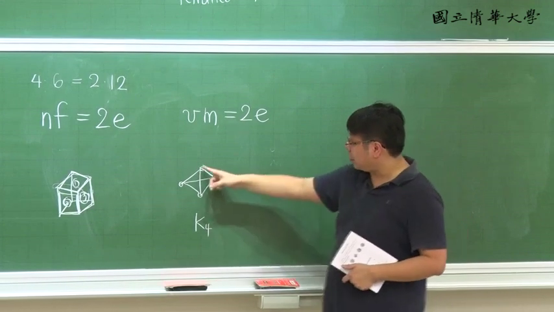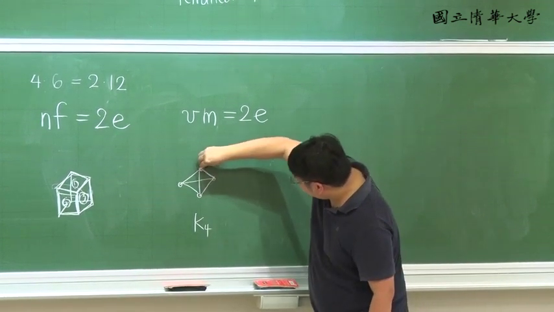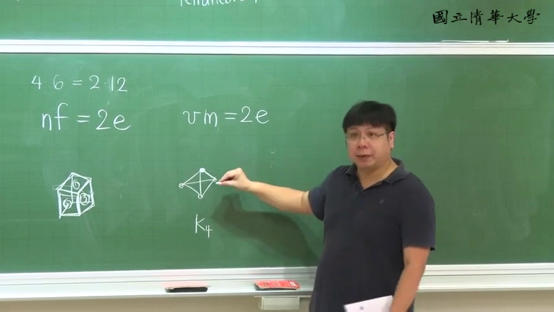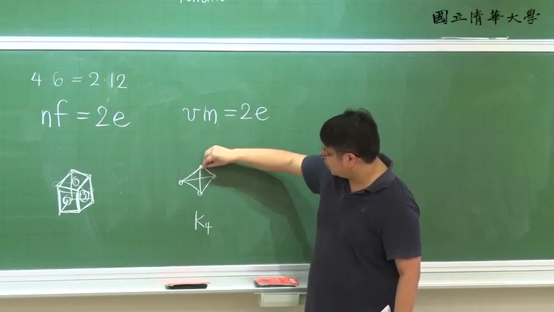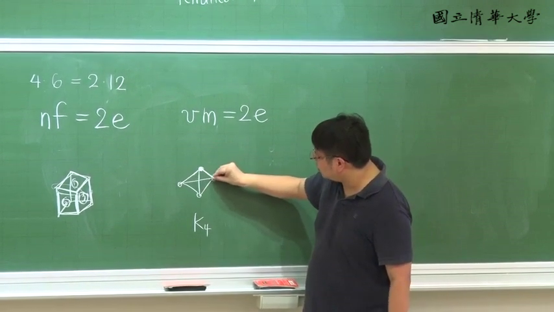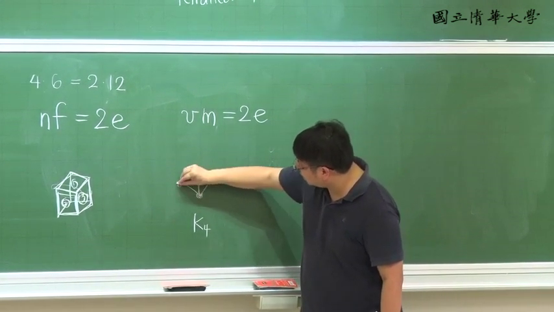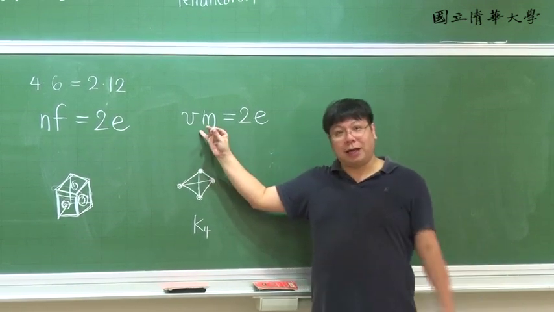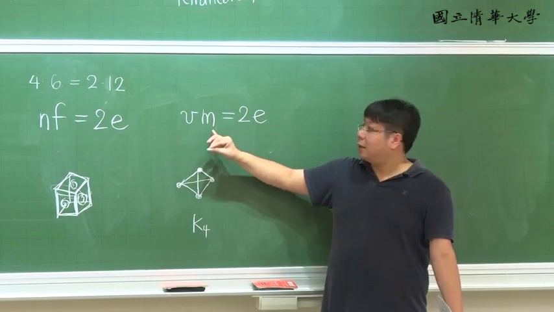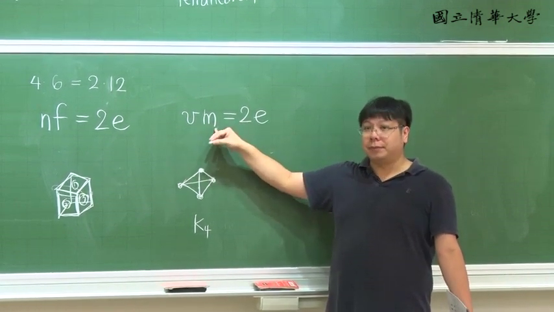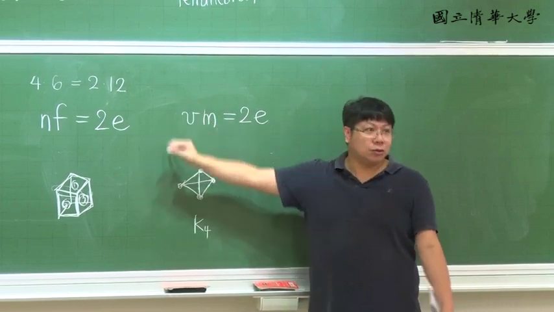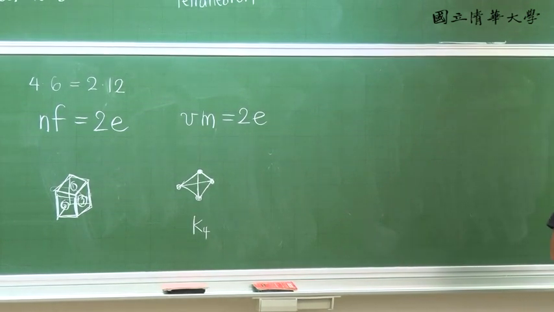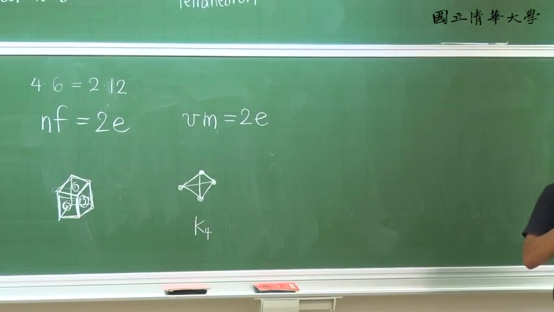Now you look at each vertex and count its degree: 1, 2, 3, and this vertex 1, 2, 3, this vertex 1, 2, 3, this vertex 1, 2, 3. So it is exactly the original handshaking lemma. Each vertex has degree M, so the total degree of all the vertices must be equal to 2 times E. Is that okay? If you are okay with this, could you please raise your hand?